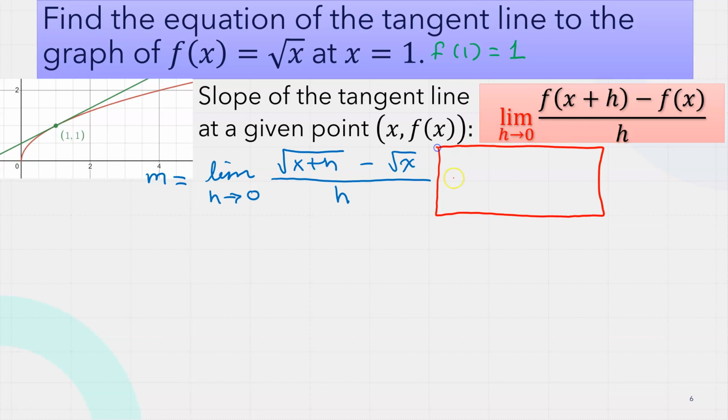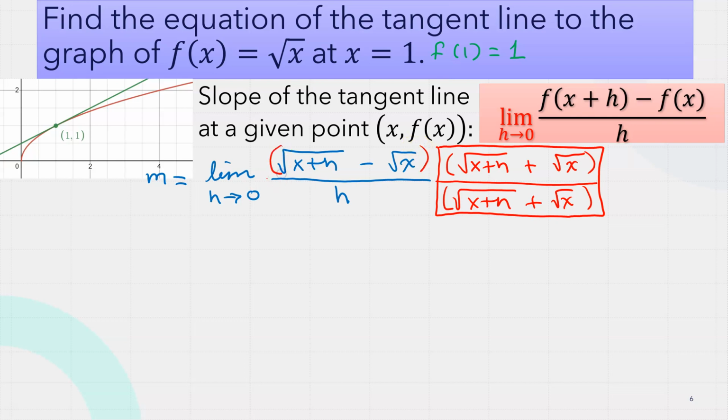Multiply by 1. We are multiplying both the denominator and the numerator by the conjugate. So that would be square root of x plus h plus square root of x, divided by itself, that's 1.